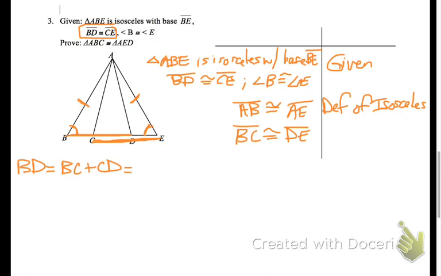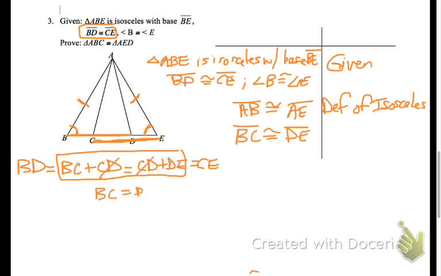Well, CE is made up of CD plus DE. So we know the congruence. Based on the equality, we can subtract CD from both sides, and we end up with BC equaling DE. Well, BC equals DE means their segments are congruent, and that's by the segment subtraction postulate.